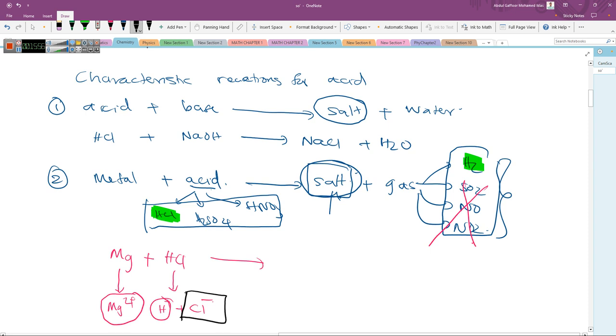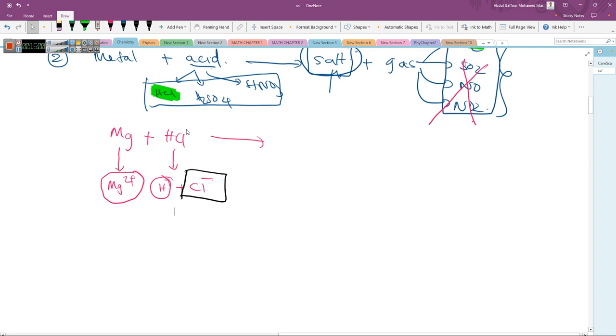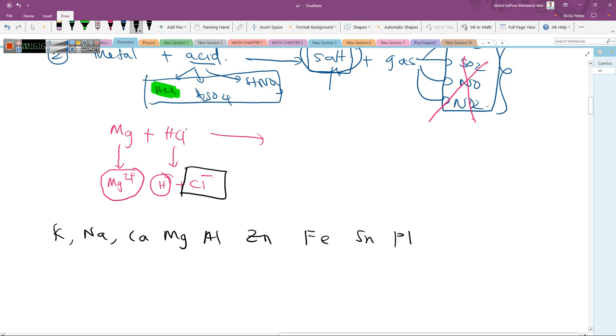Now the reactivity series should come into play, right? So we have the reactivity series, and you are familiar with it: potassium, and so on.